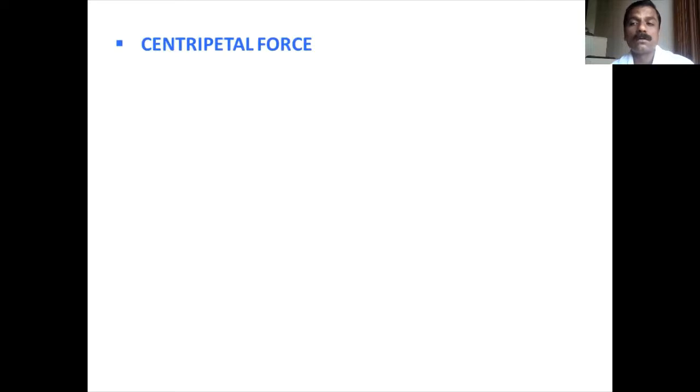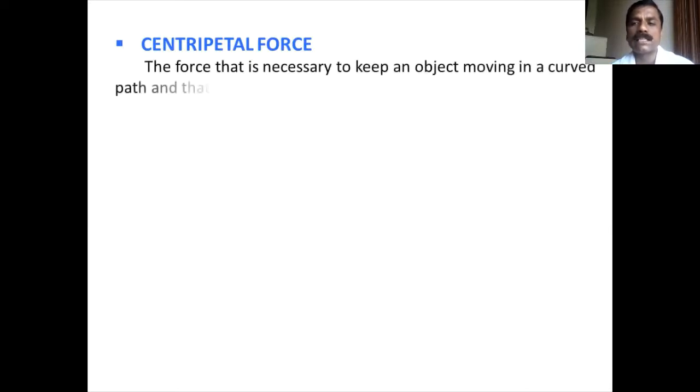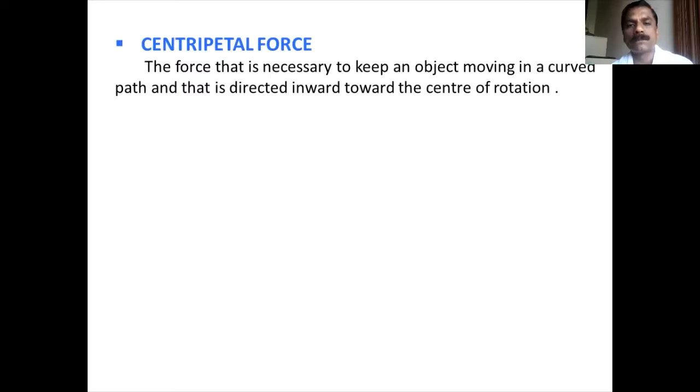As we know, centripetal acceleration is nothing but a is equal to r omega square. So we can find the necessary force which is required to provide the centripetal acceleration, and that is the centripetal force. So the force which is necessary to keep the object in the circular path, which is directed inwards towards the center of rotation.